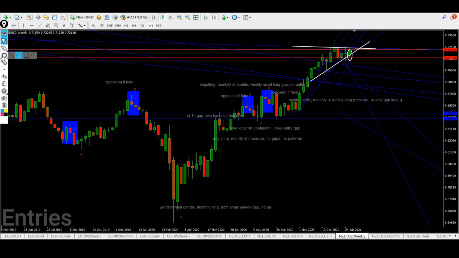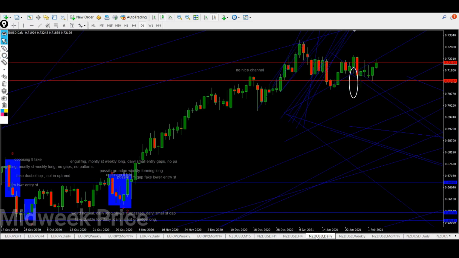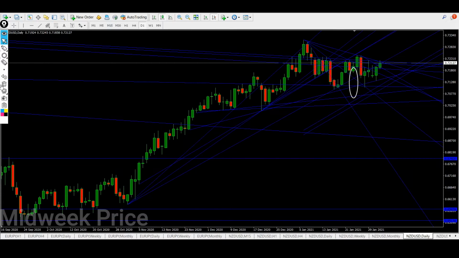Okay, so let's go to midweek price action. Just a couple hours ago, this long trade formed here. What price is actually respecting, let's go back to the daily chart, is this trend line right here, from this pivot to this pivot.